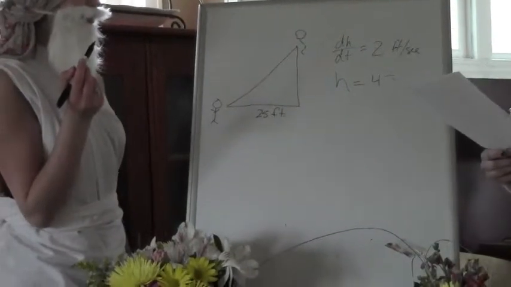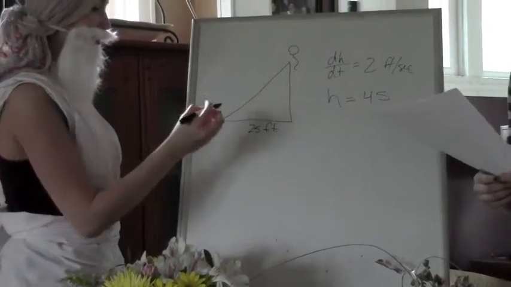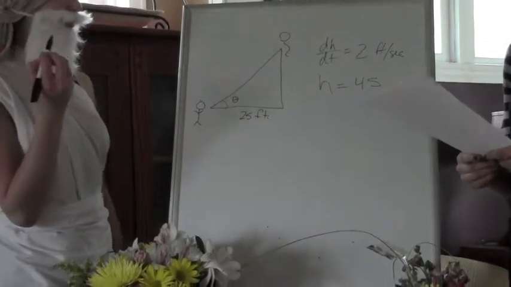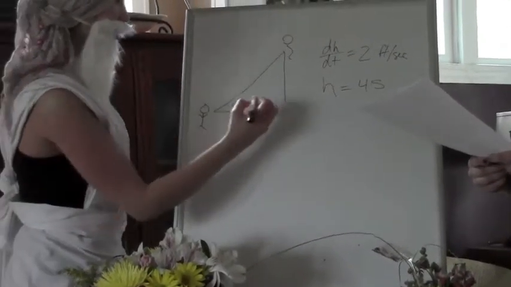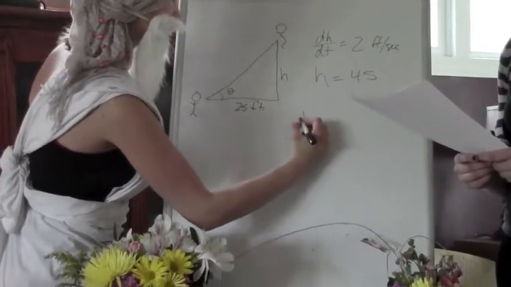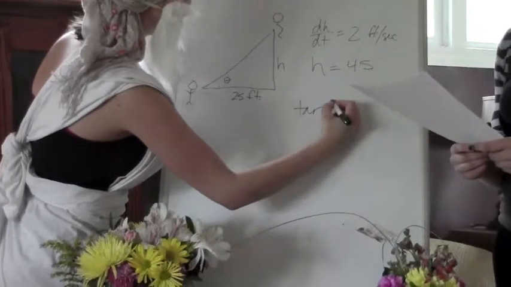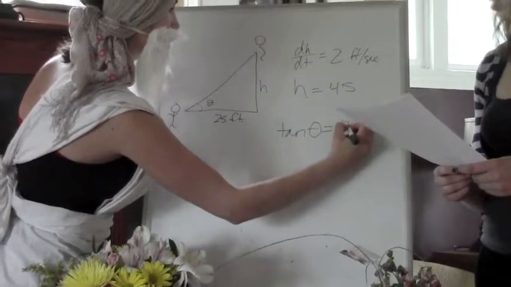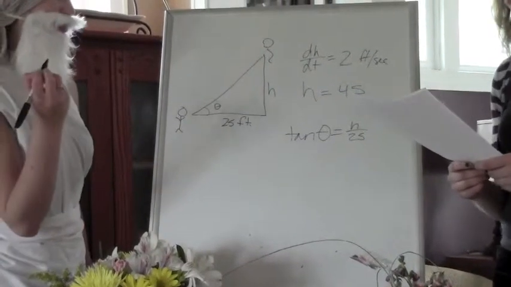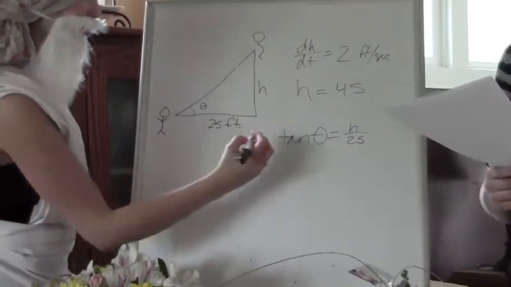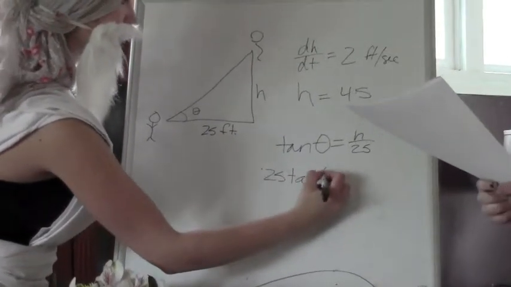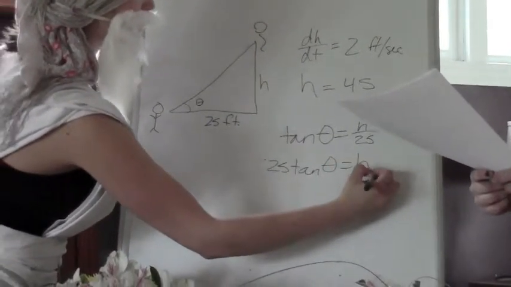To solve this problem, we know that tangent of theta is h over 25, which is equal to 25 tangent of theta is equal to h.